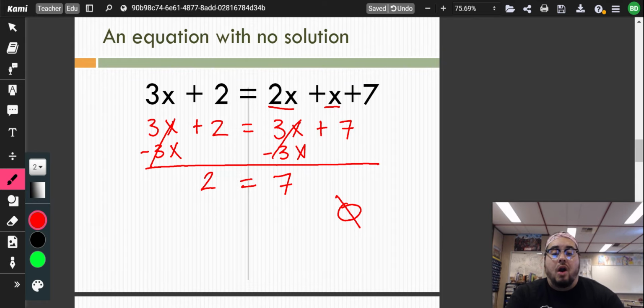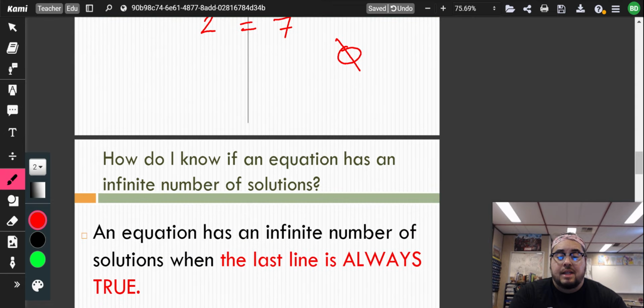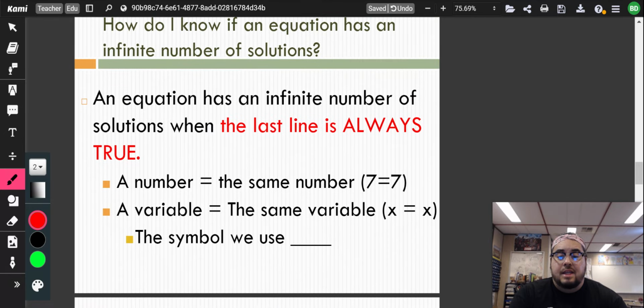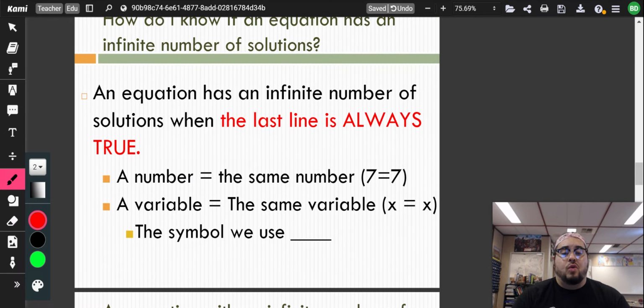Okay. Our next special case is infinite solutions, or all real numbers, meaning that no matter what number I pick, if I plug it into the equation, it's going to work. So we know that we have infinite solutions, or all real numbers, when the last line is always true. I get something like 7 equals 7 or x equals x.